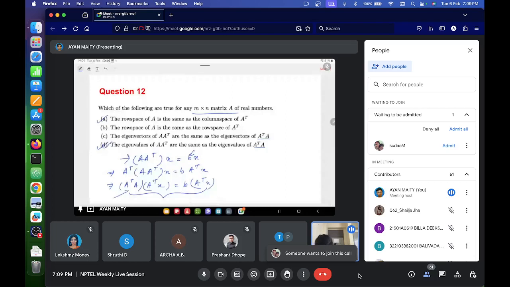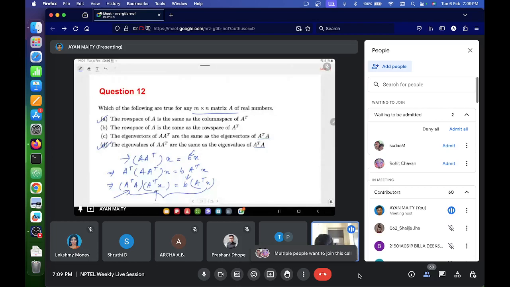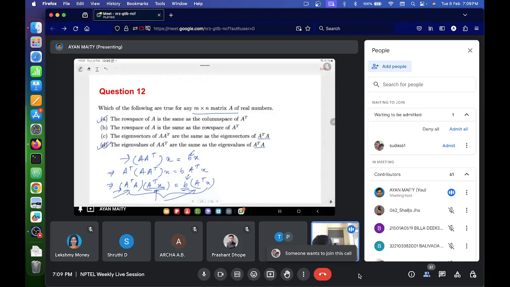This is the matrix A transpose A, B is the eigenvalue because it's a scalar, and A transpose X is the eigenvector. So B is the eigenvalue for A transpose A, and A transpose X is the eigenvector for A transpose A. So B is the eigenvalue which is the same as this B here, and B was the eigenvalue for A transpose. So that means eigenvalues for A transpose and A transpose A are the same.